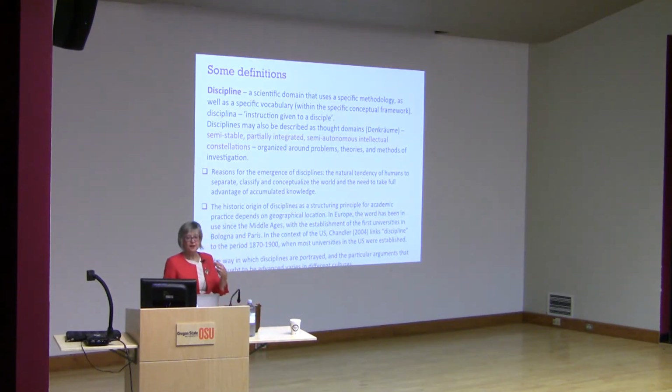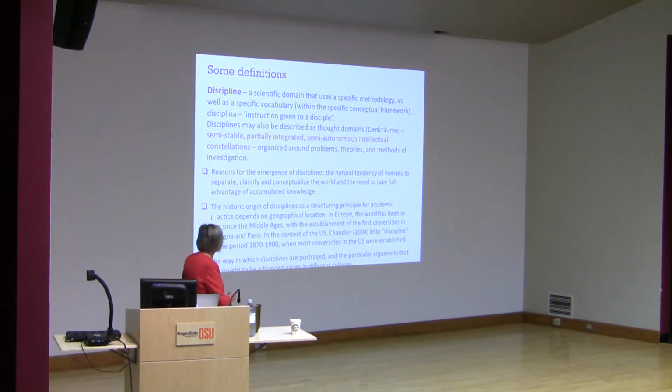Now, the reasons why disciplines emerge have to do to some degree with the nature of human beings, because human beings have a natural tendency to separate, classify, and then conceptualize the world, because it makes it easier for people to come to grips with things. And also because there is all of this knowledge that is accumulating, and to take advantage of it, we try to compartmentalize it to some degree.